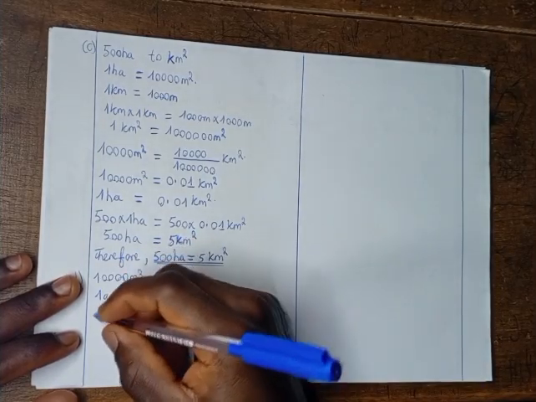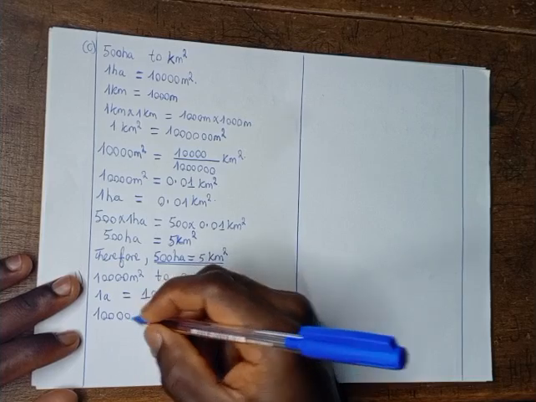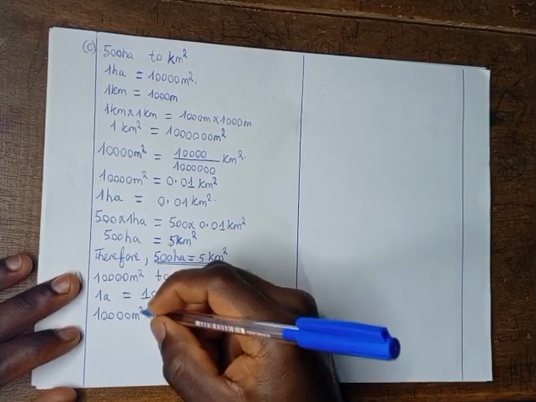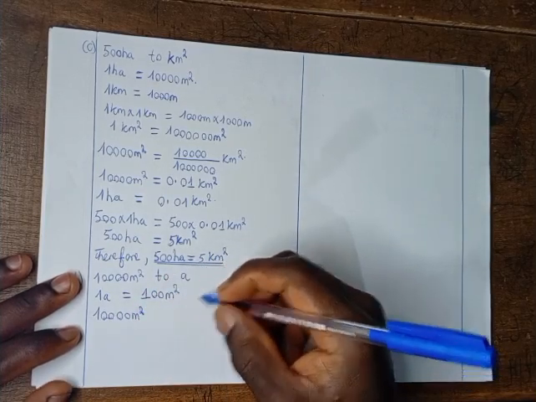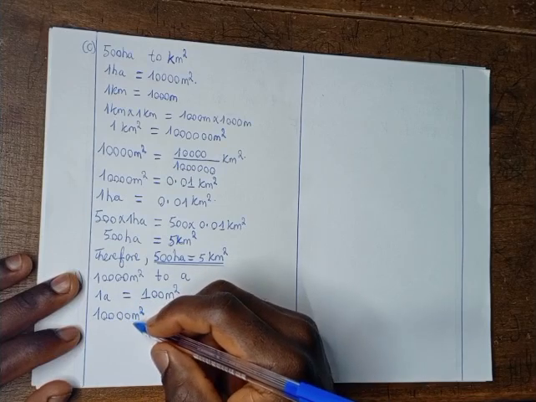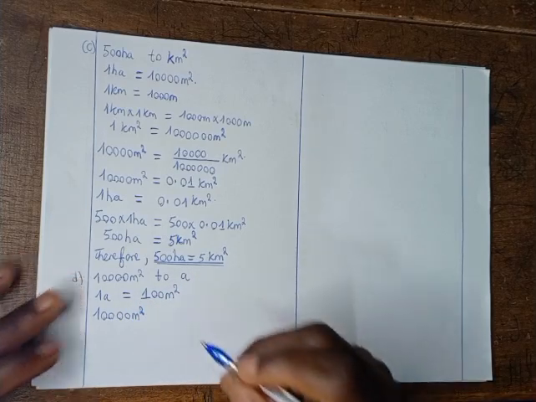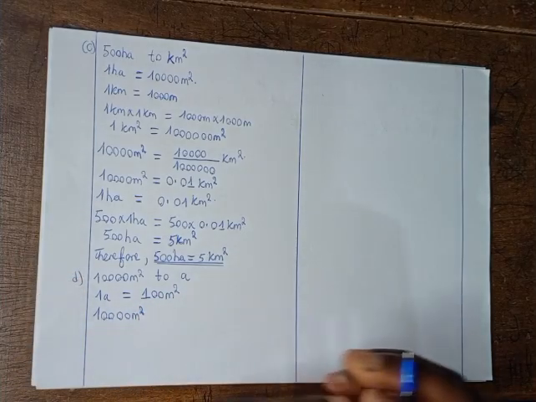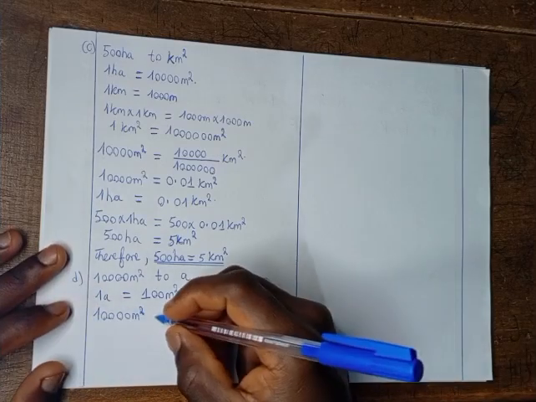It simply means for us to convert 10,000 meters squared to R, we are going to divide 10,000 by 100, since we are converting from a smaller unit to a bigger unit.